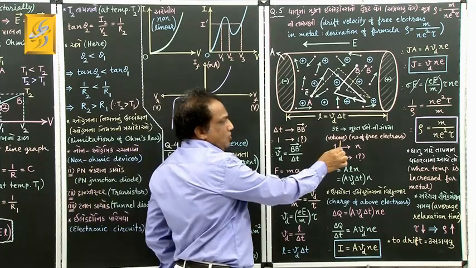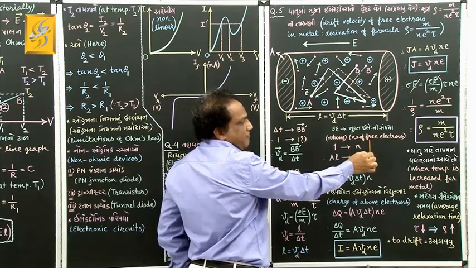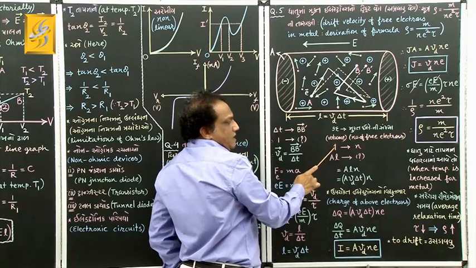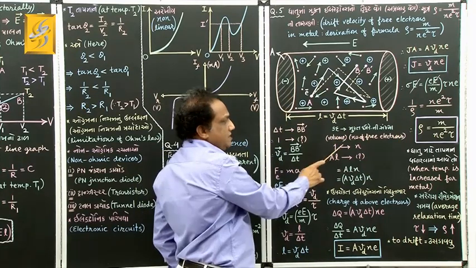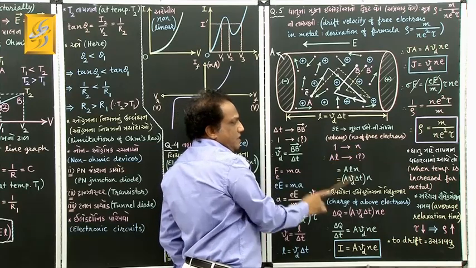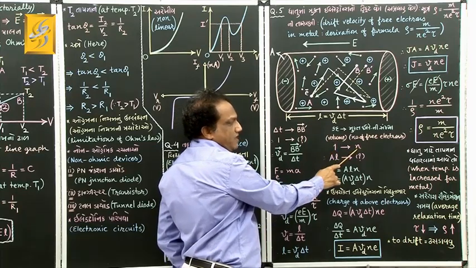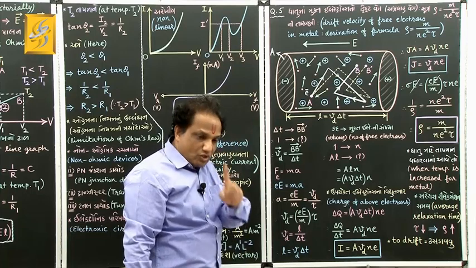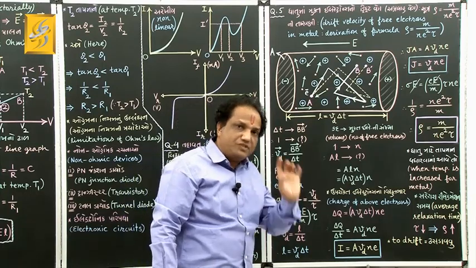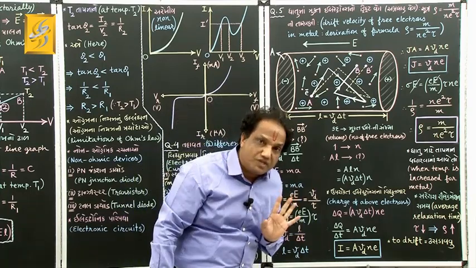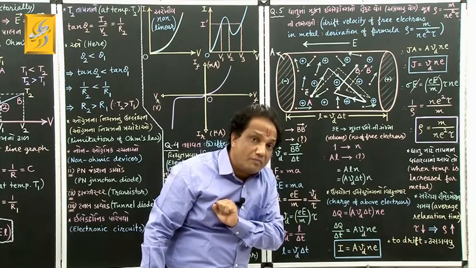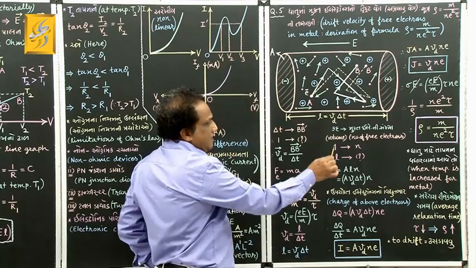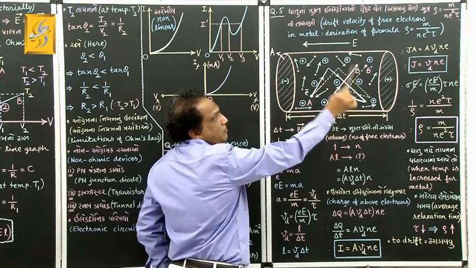Now the number of free electrons inside the unit volume of this conductor is, suppose, n. It is also called free electron number density, and its unit will be electron per meter cube. What is the total volume of this conductor?